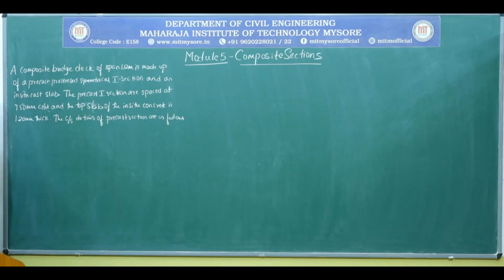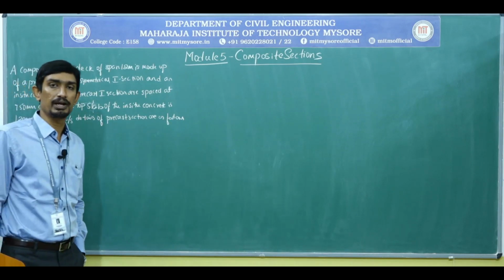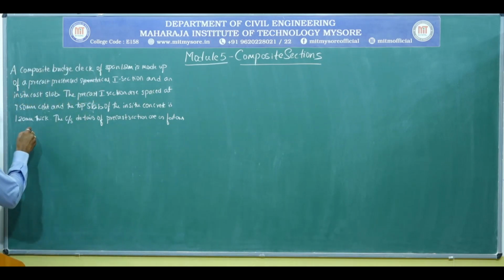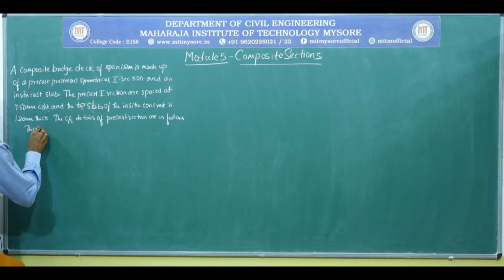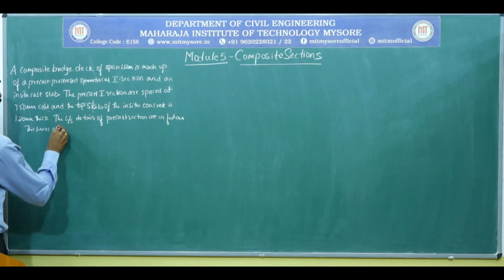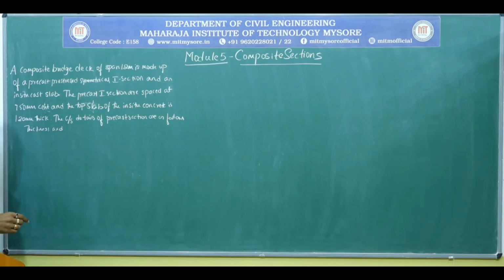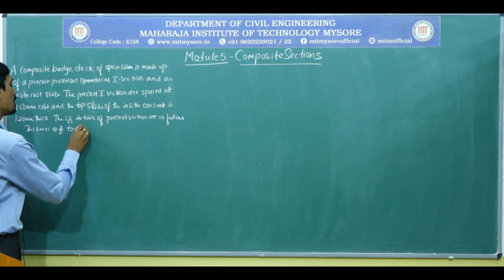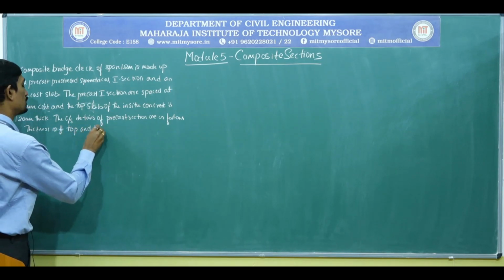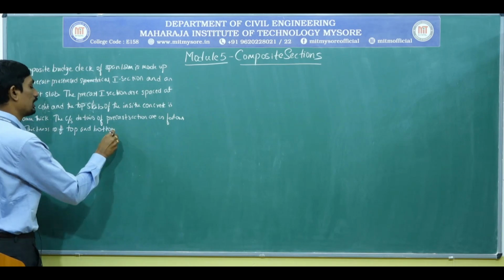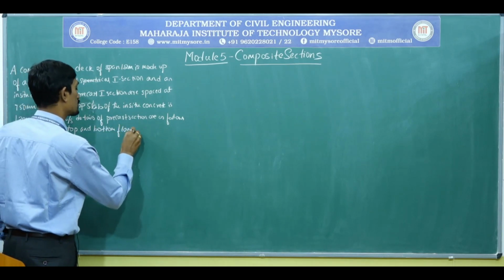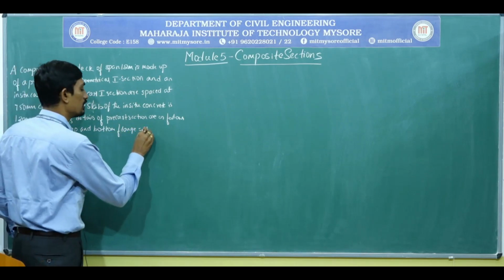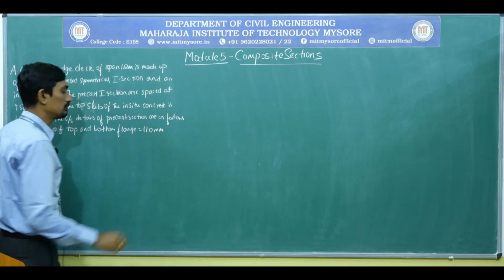So he has given the data of the precast pre-stressed section. The thickness of top and bottom flange is equal to 110 millimeter.